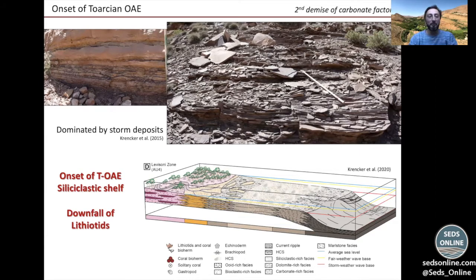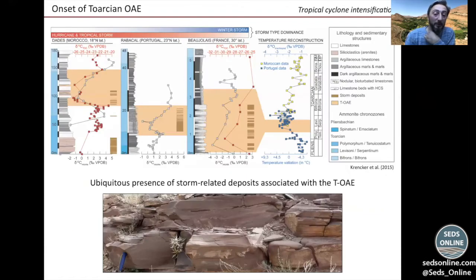But this one is a bit peculiar, because we have seen that there is quite a lot of storm deposits associated with this siliciclastic shelf. So we can have some very large hummocky cross stratification. And if we look in the literature, it turns out that the equivalent of the Toarcian oceanic anoxic event in shallow water environments is full of storm deposits.